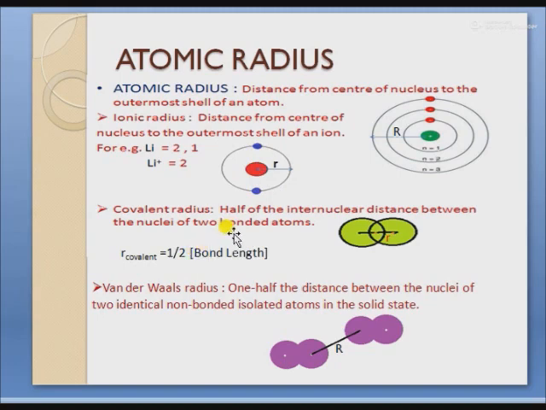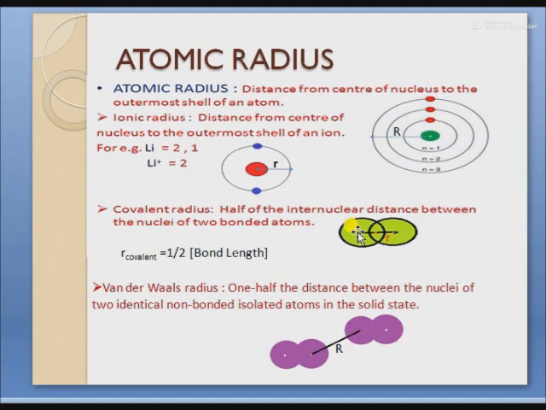Next is the covalent radius. Covalent radius is half of the internuclear distance between the nuclei of two bonded atoms. This picture shows two bonded atoms, and these are the nuclei of the two bonded atoms.